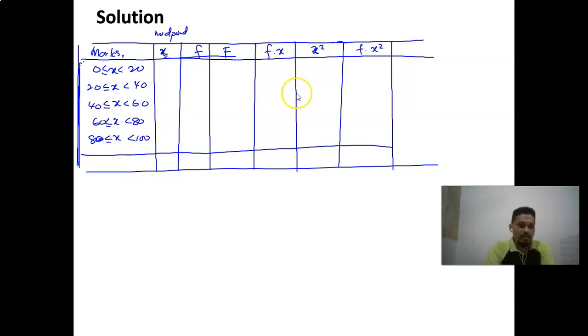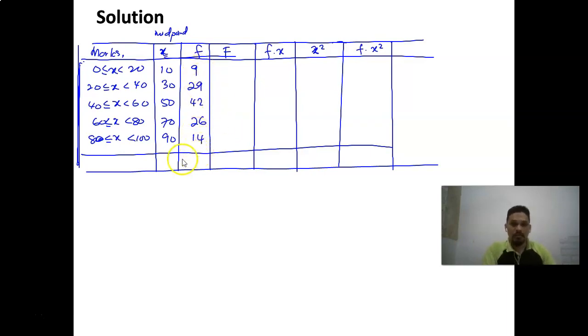Then the midpoints of x here are 10, 30, 50, 70, and 90. The frequencies given just now are 9, 29, 42, 26, and 14.